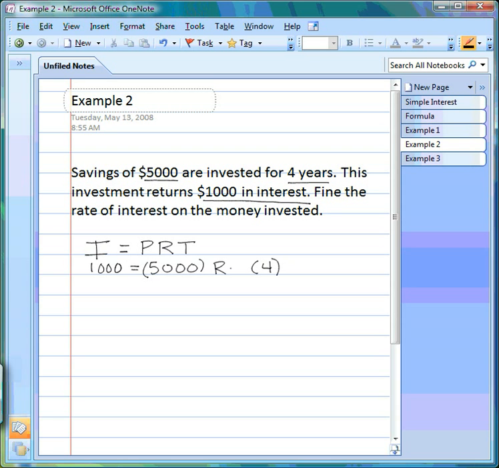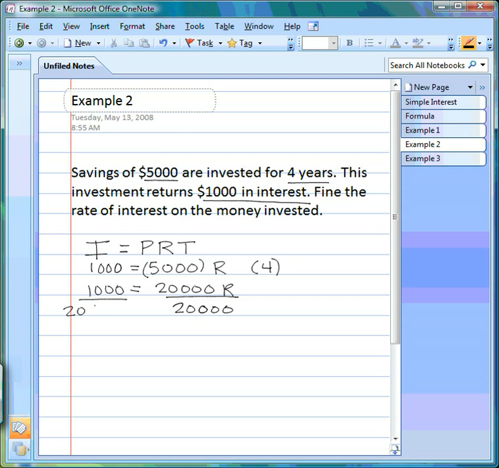When we do that, we need to look on the right side where the variable is, and we need to combine the numbers that are already there. 5,000 times 4 is going to equal 20,000. And we keep our R. Just as we've done before, when you have a number multiplied by a variable, you have to divide that number out.